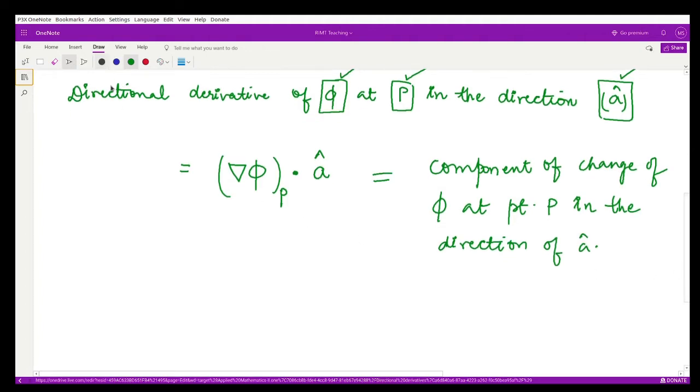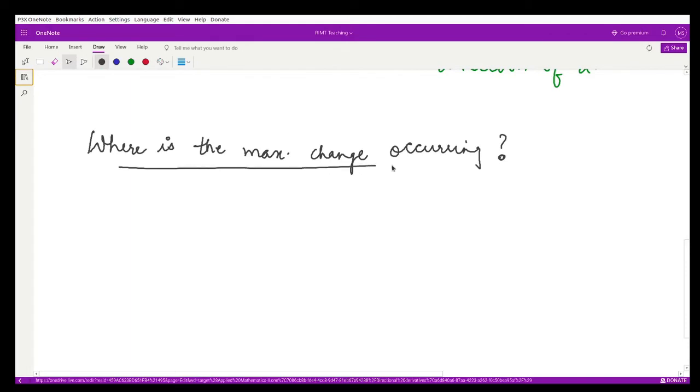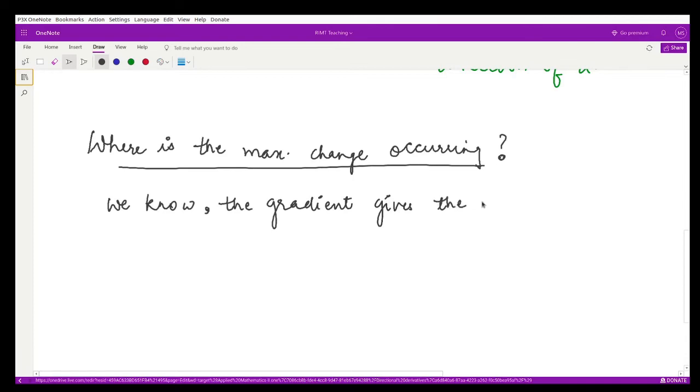Moreover, there is one more result. If you want to find where the maximum change is occurring, you already know which quantity gives the maximum change: the gradient gives the maximum change.